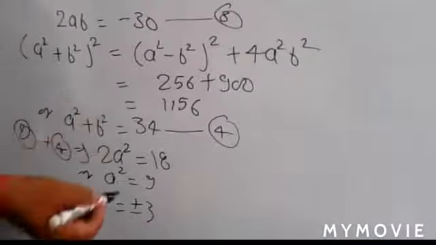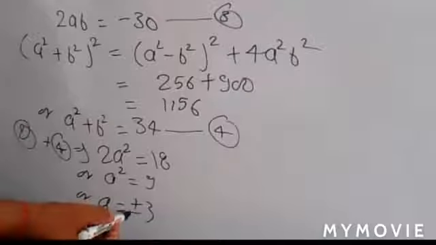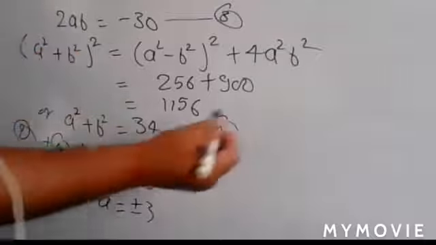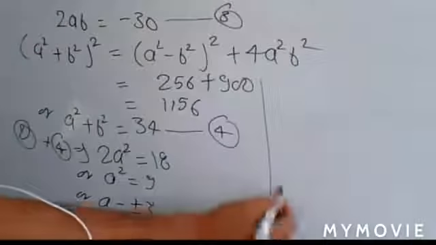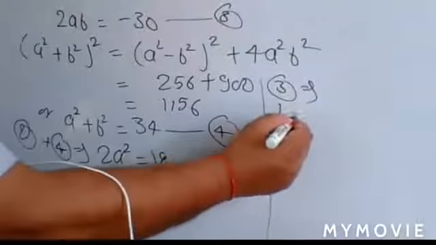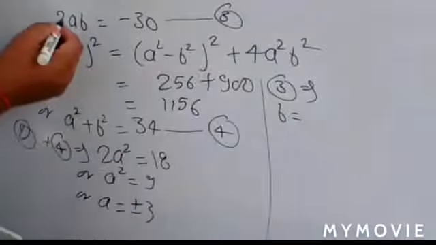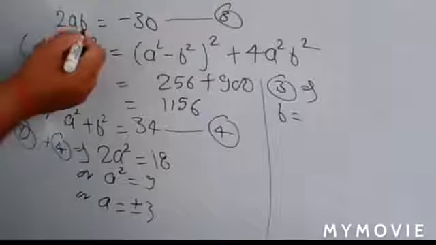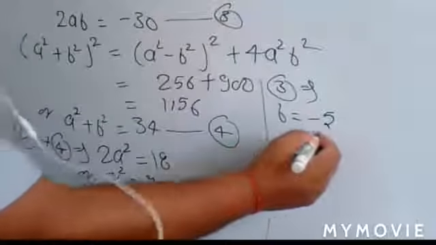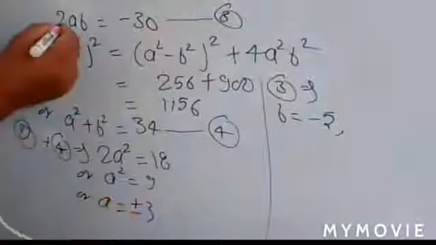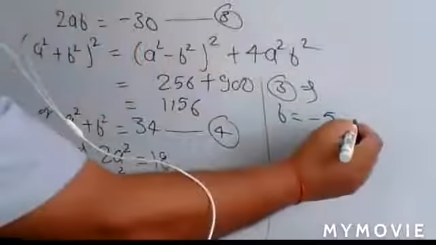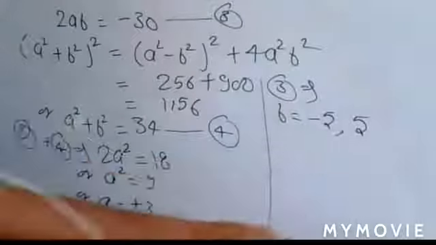So if you put a is equal to plus 3 in the third equation, b is equal to minus 5. And if you put a is equal to minus 3 here, you have b is equal to 5.